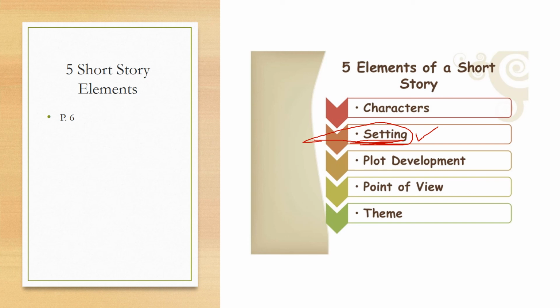Second thing is the plot. Basically, the plot is the story, what happens in the story. Third thing is the characters. If you see them in the book on page 6, characters who are in the short story: who is the main character, who is the protagonist and antagonist, who is the hero, who is the evil. We will study those, and then the point of view.